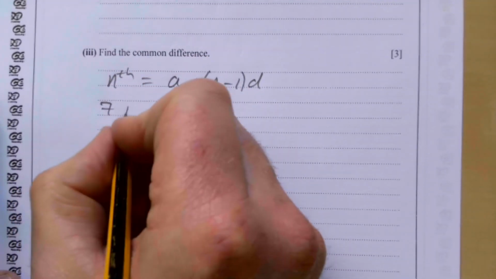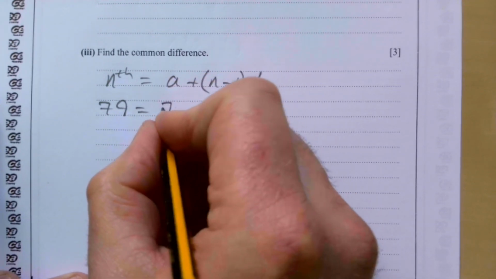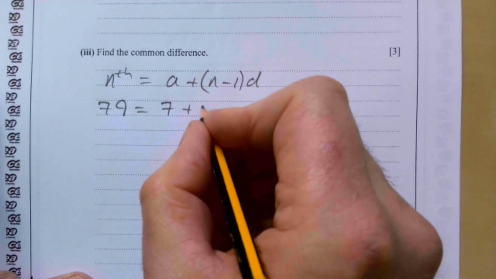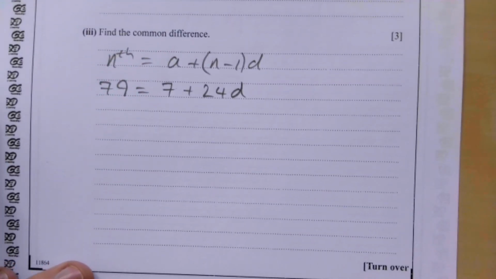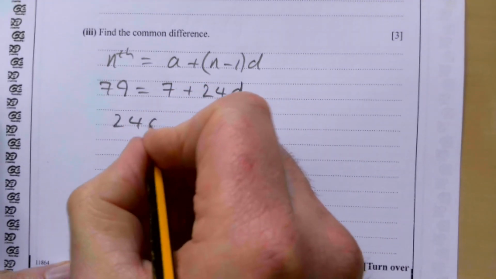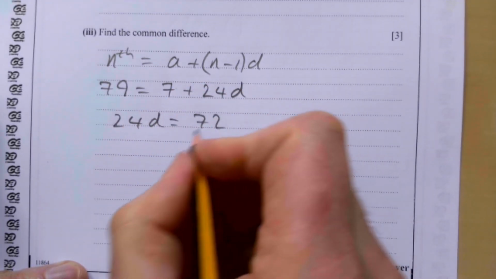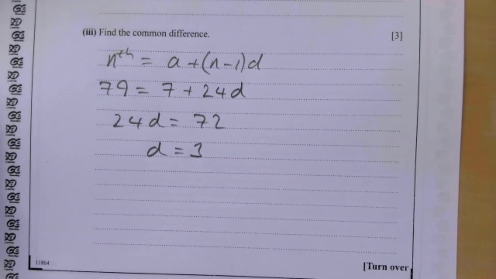So we can have 79 equals our first term, which is 7, plus 25 take 1 is 24d. That means 24d is 72, so our common difference then is 3.